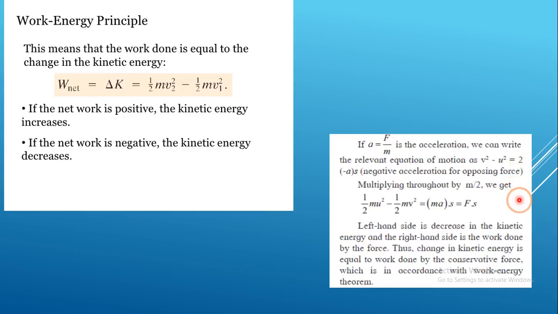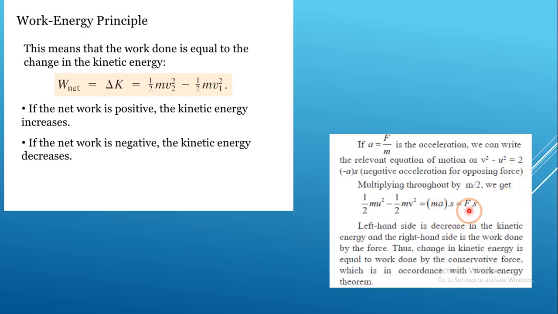Let's multiply the equation throughout by m by 2. We will get m by 2 u square, m by 2 v square, m by 2 times 2as. So half m u square minus half m v square is equal to, here the 2 gets cancelled, so it remains mas.